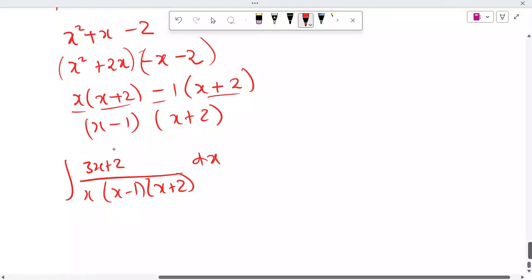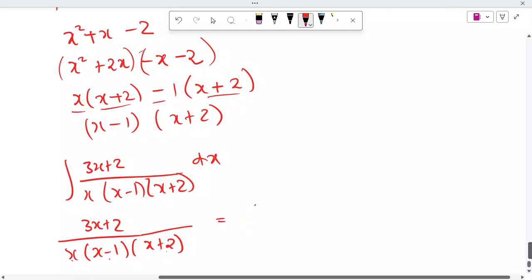So this equation now we need to decompose it, so that it becomes easier to solve. So we'll write 3x plus 2. We need to decompose this fraction. So part of the problem is to identify how many linear functions you have. You have 1, 2, 3.